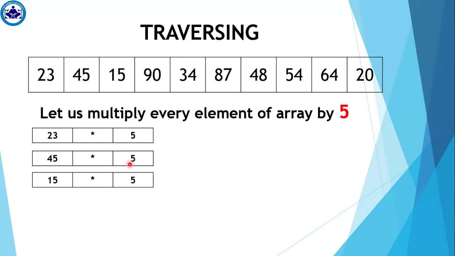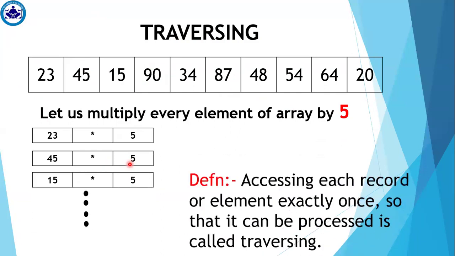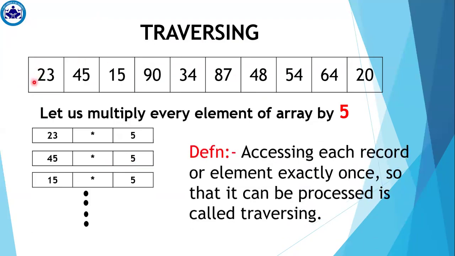Then 15 and multiply it with the 5 and so on. So we are applying the same operation on every record of this array. So the traversing states that accessing each record or element exactly once so that it can be processed. For example, multiplying every element of an array by 5.